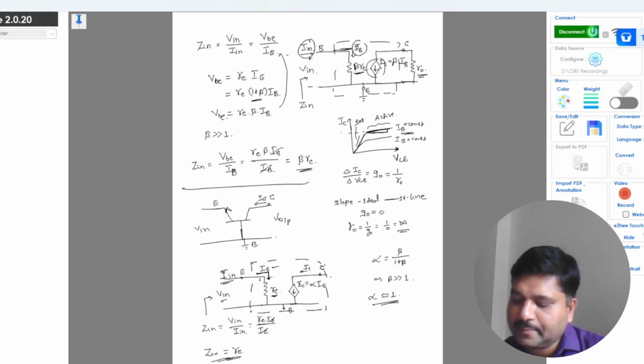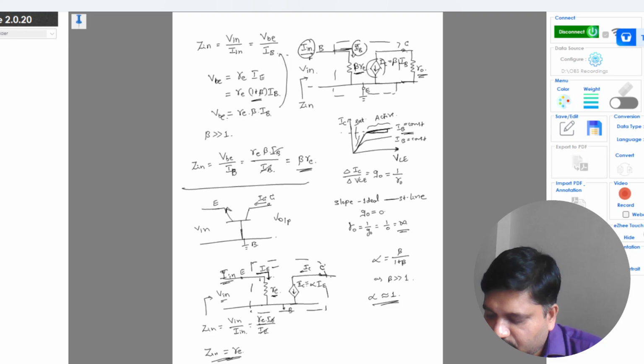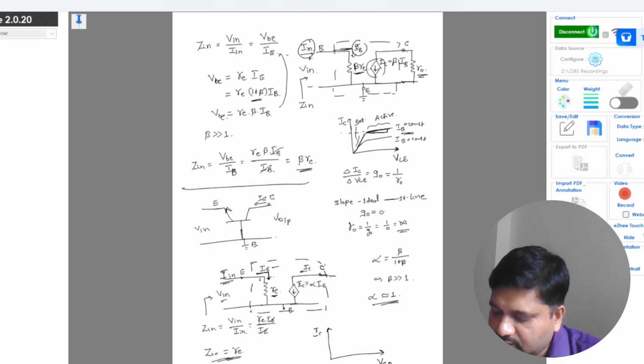And also we can represent the R0 here, which is obtained by the output characteristics of the common base configuration, where the output voltage is VCB and the output current is IC, and for a constant IE you will get a curve which is like this. Again you are operating in a constant current region.